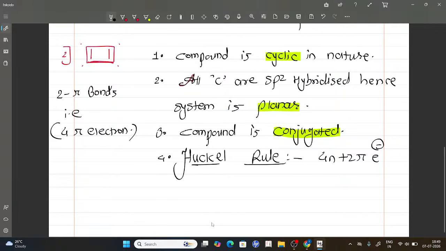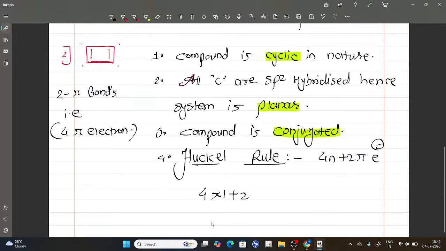Now we are going to check using this Huckel rule. Can we get 4 pi electrons using the Huckel rule? We are going to see. If we use 4 into 1 plus 2, we know that it is 6 pi electrons. If we use 4 into 0 plus 2, we do not get 4 pi electrons, we get 2 pi electrons.